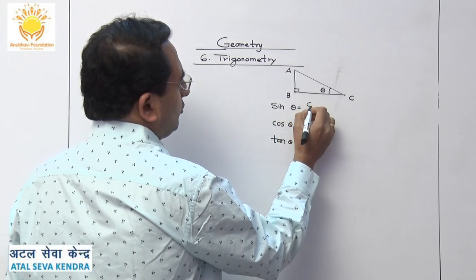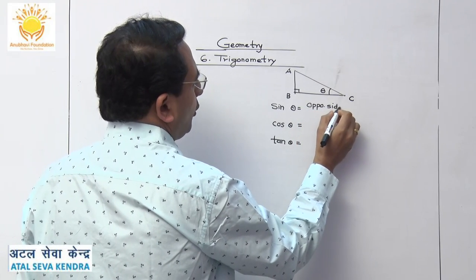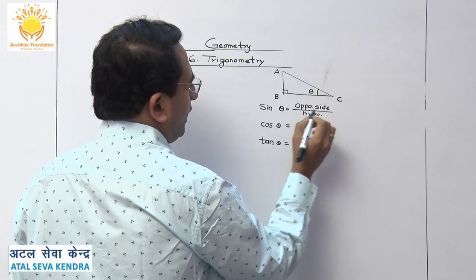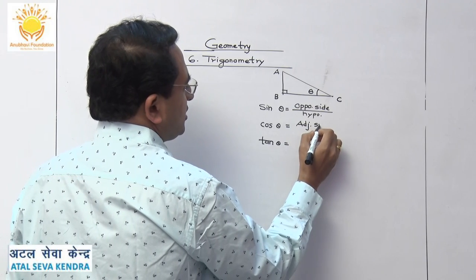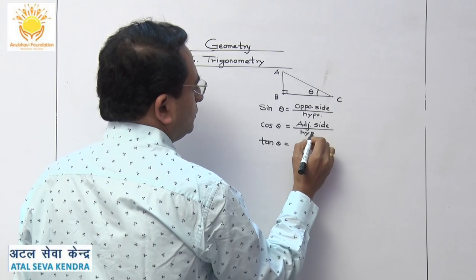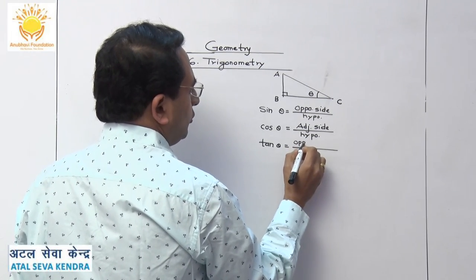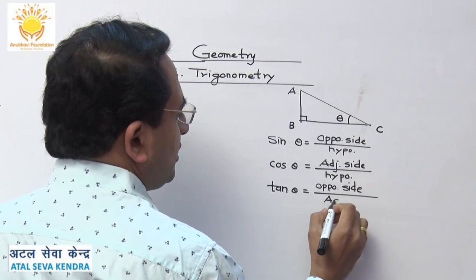Sine theta is going to be opposite side upon hypotenuse. Then cos theta is adjacent side upon hypotenuse, and tan theta is going to be opposite side upon adjacent side.